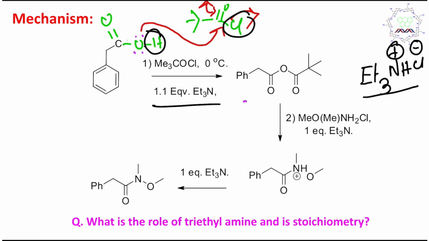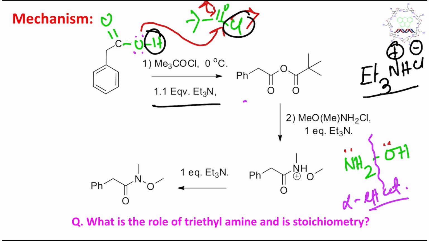Now in the next step, this is treated with a hydroxylamine derivative in the presence of one equivalent of triethylamine. What happens here? Simply, if you look at hydroxylamine, NH2OH, it is significantly nucleophilic, and the nucleophilicity is more on the nitrogen side. Why? Because the two adjacent lone pair repulsion makes this compound more reactive, more nucleophilic, and this is also called the alpha effect.